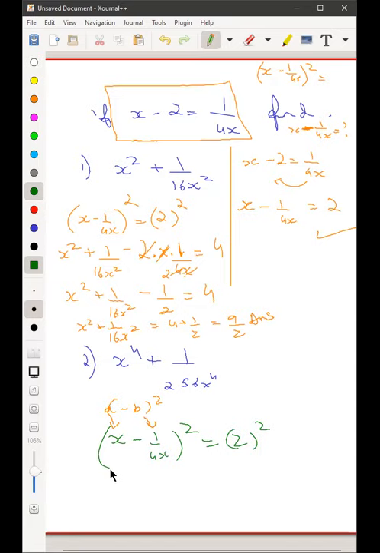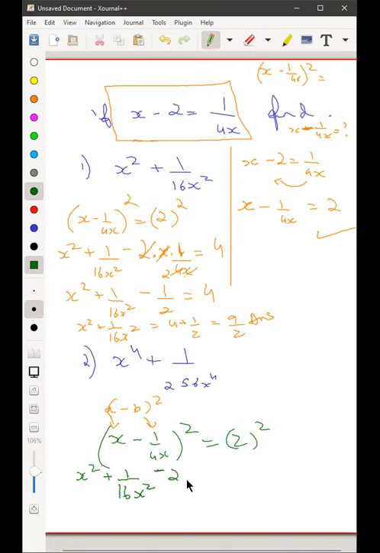What will it become? You're on mute. It will become x squared plus 1 upon 16x squared minus 2.